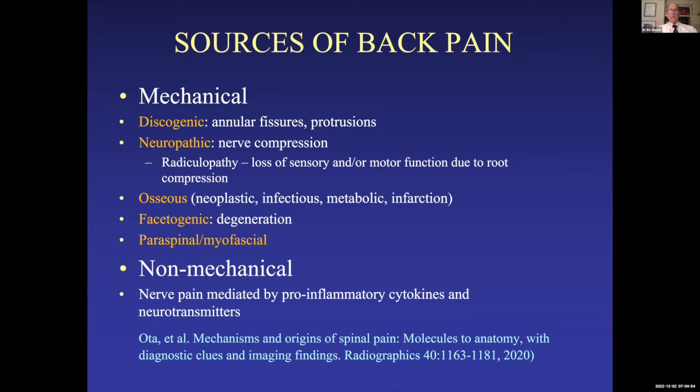Pain can be generated from almost any part of the back, from the disc, from nerve compression, from bone, bony facet changes, and also from the paraspinal musculature, and we'll try to touch on most of this. Also, non-mechanical back pain is mediated by inflammatory cytokines and neurotransmitters. And this is an interesting article from Radiographics in 2020 on the basics of the development of back pain and its anatomy, from molecules to anatomy. I recommend, if you can get to this Radiographics paper, to do so.